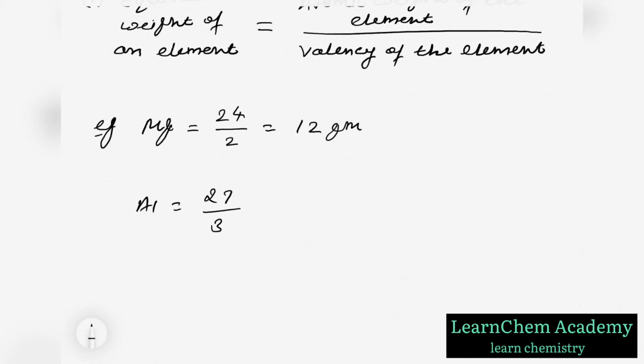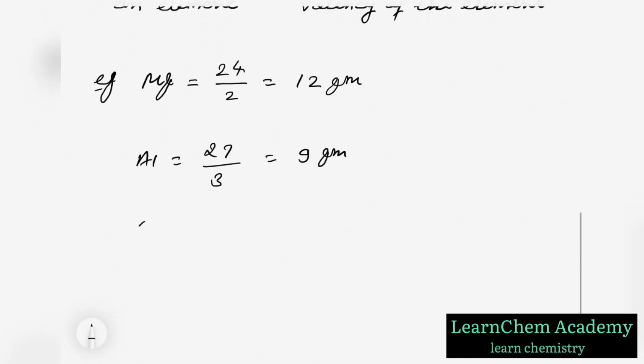So 9 gram is the equivalent weight of aluminium. If we talk about oxygen, its atomic weight is 16 and its valency is minus 2. So its valency is 2. Valency is the combining capacity of any element.